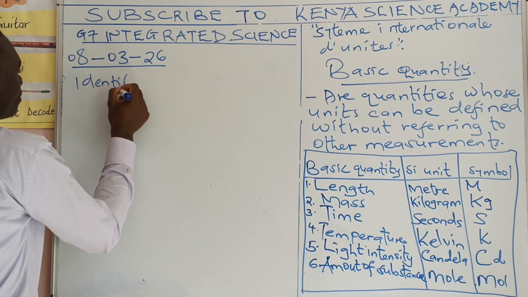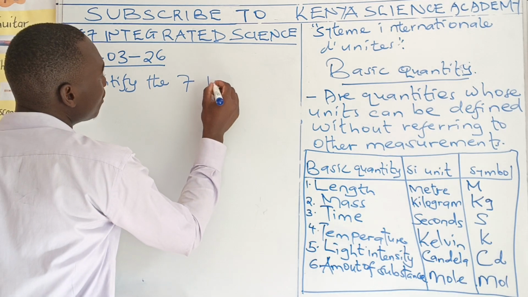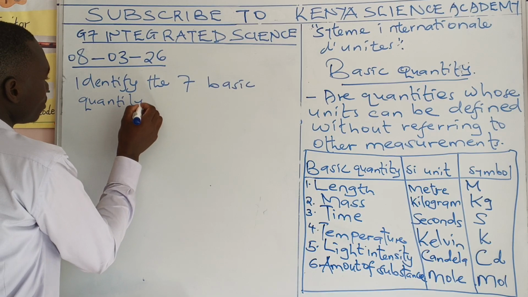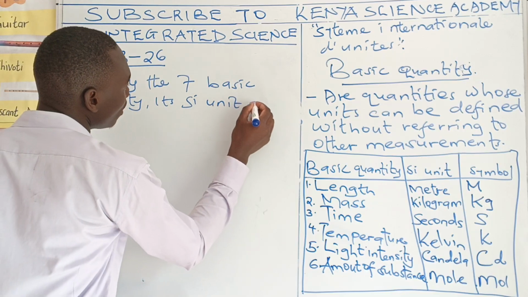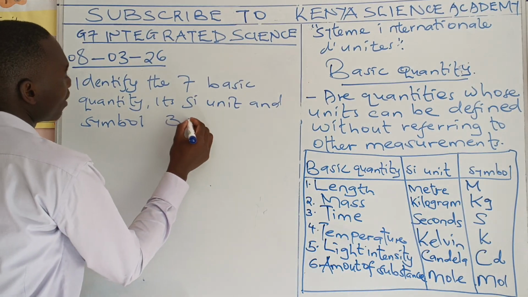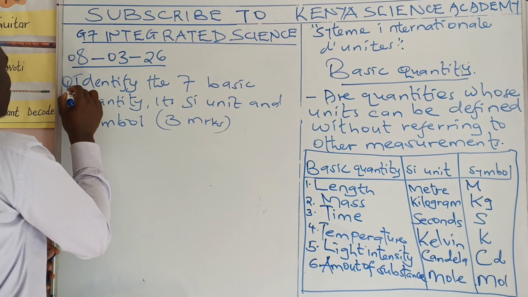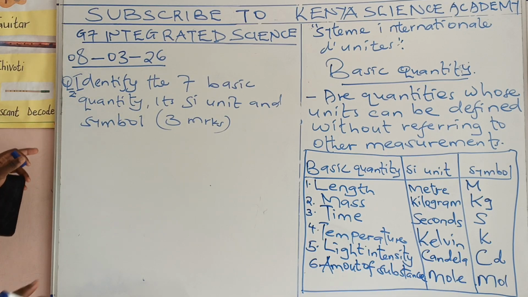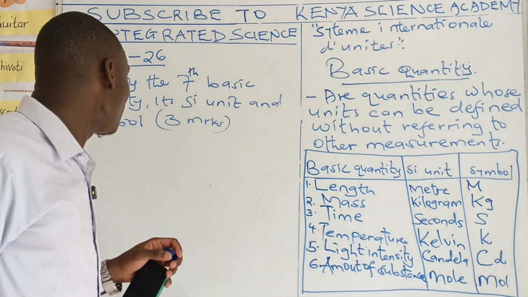Identify the 7th basic quantity, its SI unit and symbol. 3 marks. Yes, that is a question for you as a learner. Identify the seventh basic quantity, its SI unit and symbol.